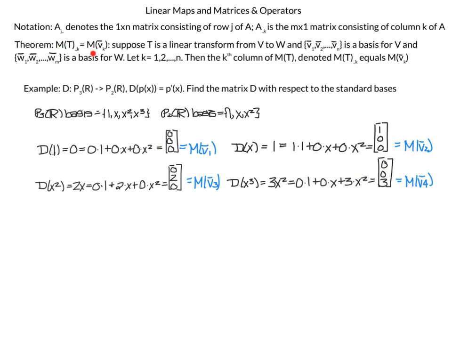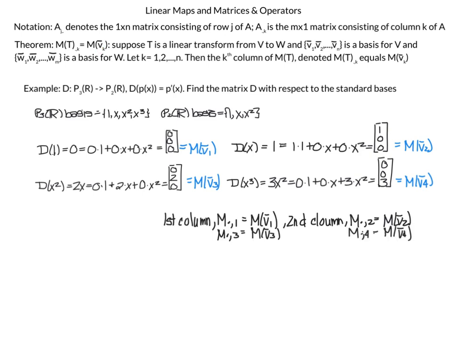According to our theorem here then, the kth column of our matrix that represents our transformation is going to be the transformation on our kth basis vector. So let me write that down here. Then our first column of our matrix of our transformation is going to be the transformation on our first vector. The second column is the transformation on our second vector.